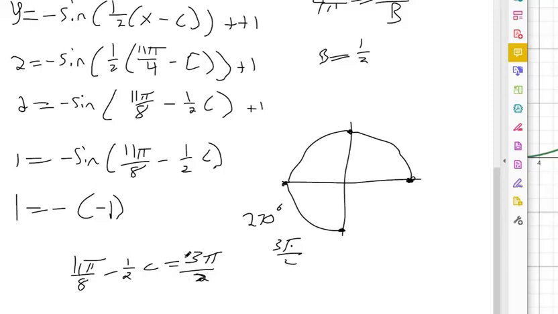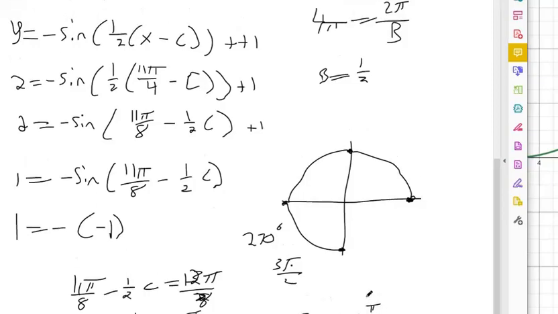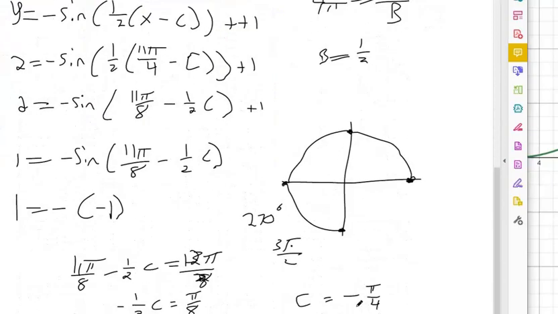Multiply the top and the bottom by 4, so I got 12 pi over 8. Subtract that 11 pi from both sides, so you get -1/2 C equals pi over 8. If you multiply -2 to both sides, we get C equals -pi over 4. So there's our horizontal shift. You could say minus a -pi over 4.